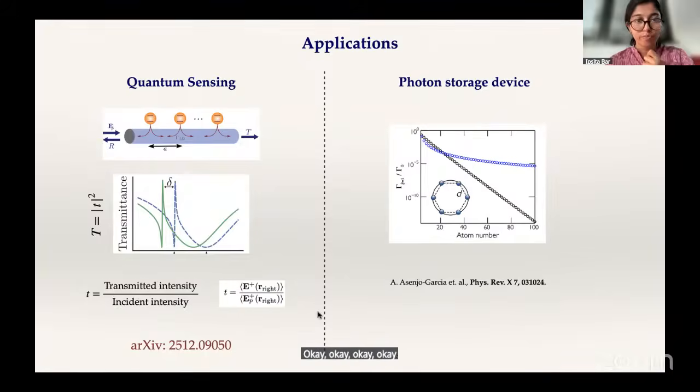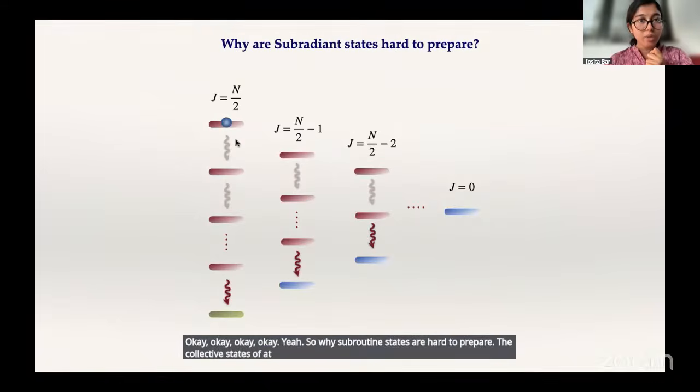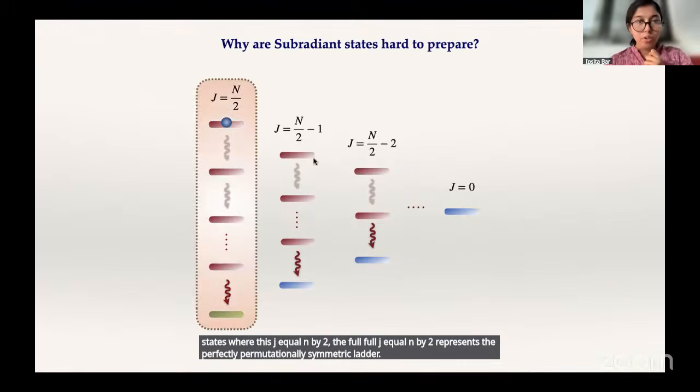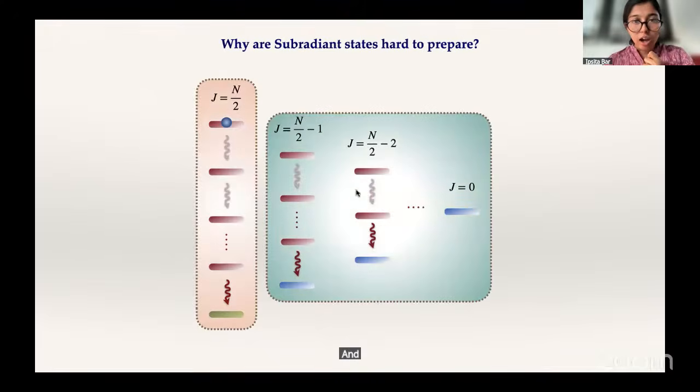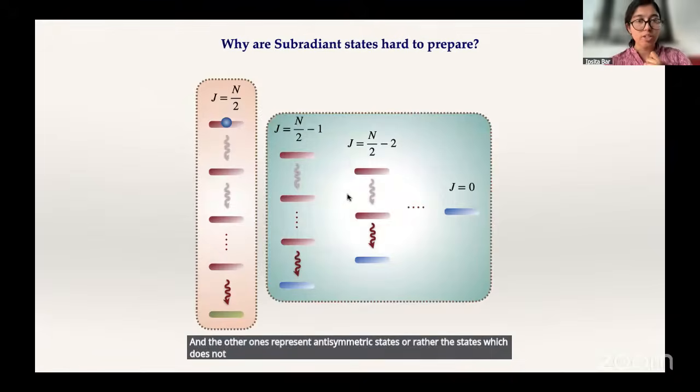Okay. Yeah. So why are subradiant states hard to prepare? The collective states of atoms can be described using these total angular momentum states, where the full J equal to n by 2 represents a perfectly permutationally symmetric ladder, and the other ones represent antisymmetric states, or rather the states which do not satisfy permutation symmetry.